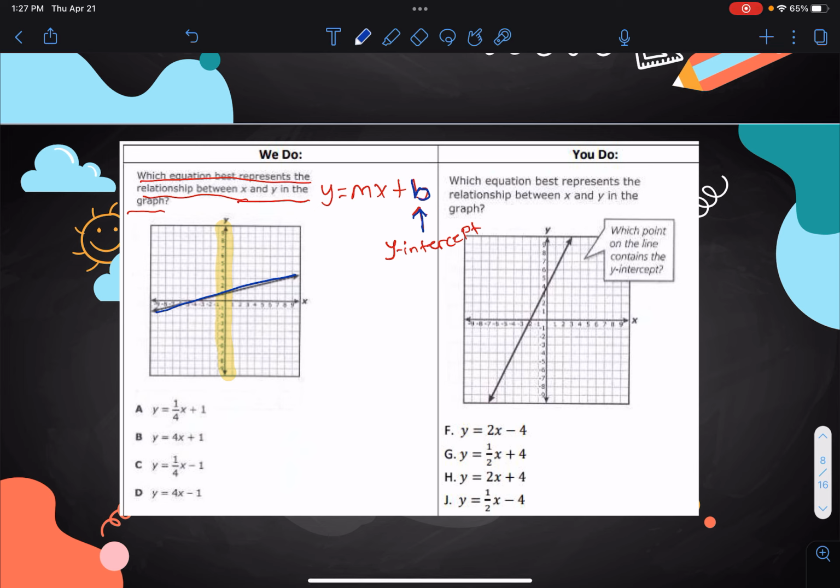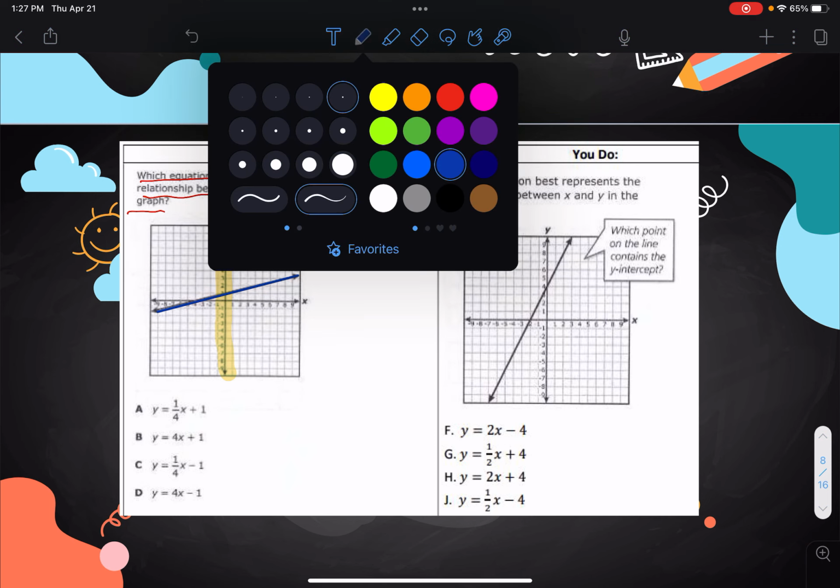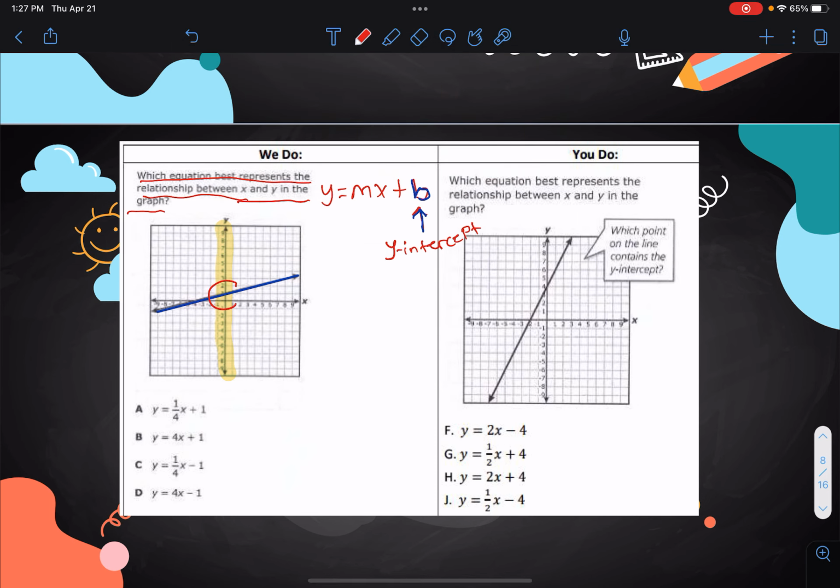I just traced it in blue. Okay, so I put it in blue. So where did the line that I highlighted and the blue line meet? So you are correct. They met right here. And what value is that?